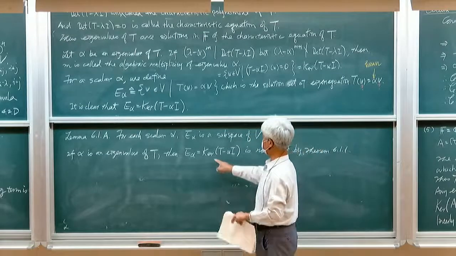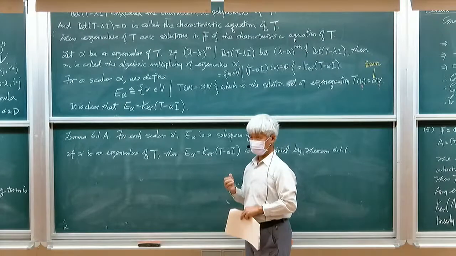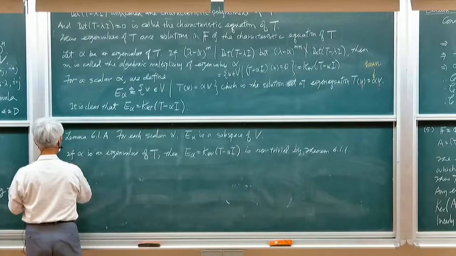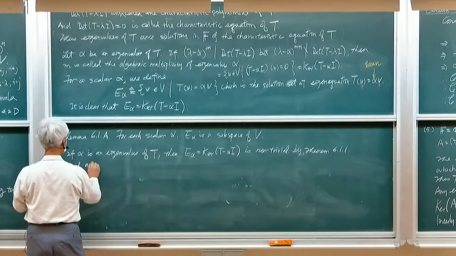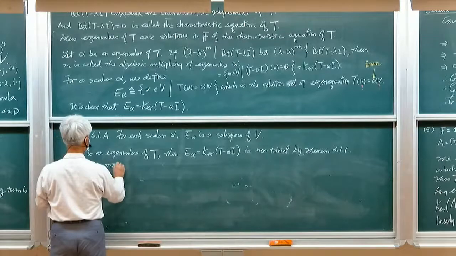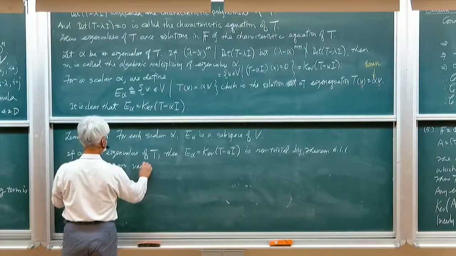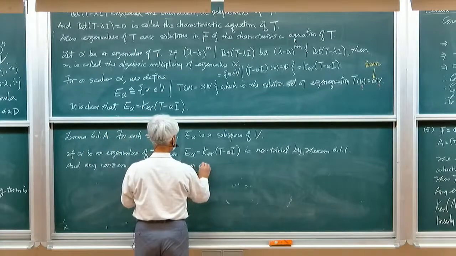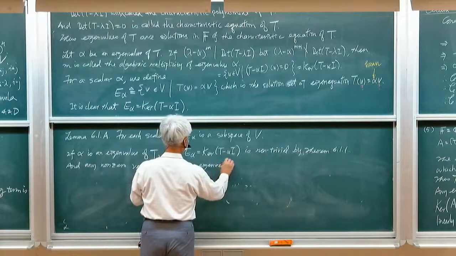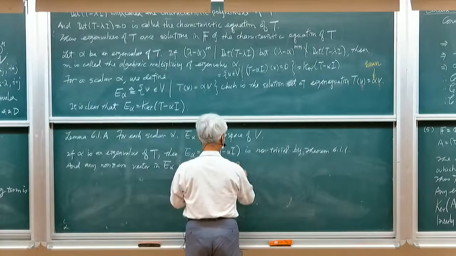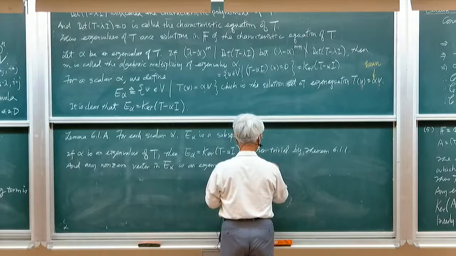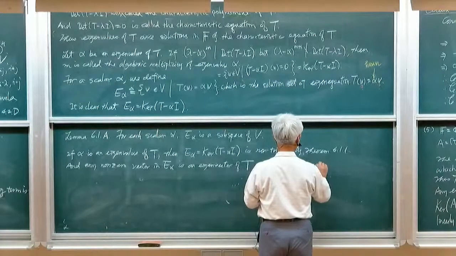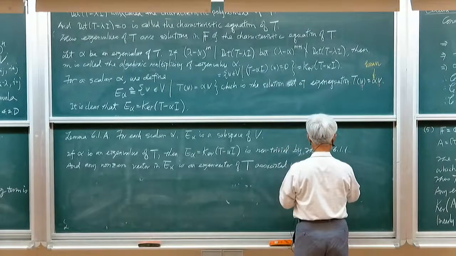Non-trivial means that it contains at least one non-zero solution. And we know any non-zero vector in E alpha is an eigenvector of T associated with eigenvalue alpha.